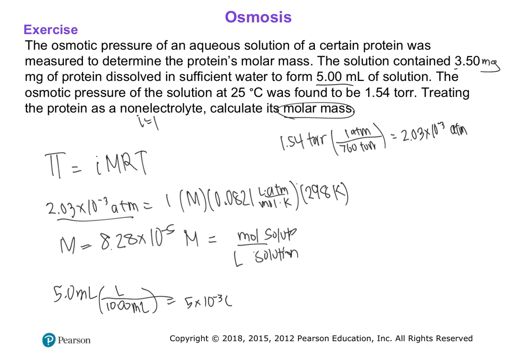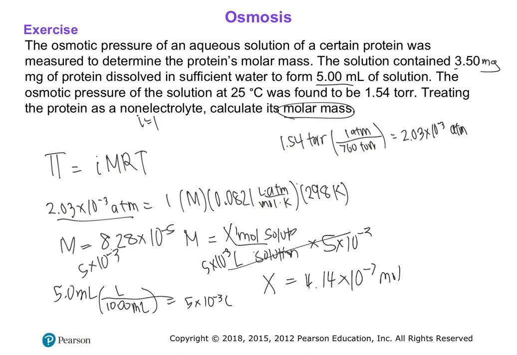So I have 5 times 10 to the negative 3 liters. So I'm going to solve for moles, which is x. So I'm going to multiply both sides by 5 times 10 to the negative 3. That cancels out. So my moles of solute equals 4.14 times 10 to the negative 7 moles of solute.